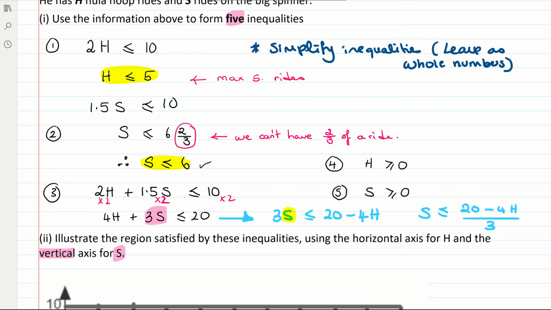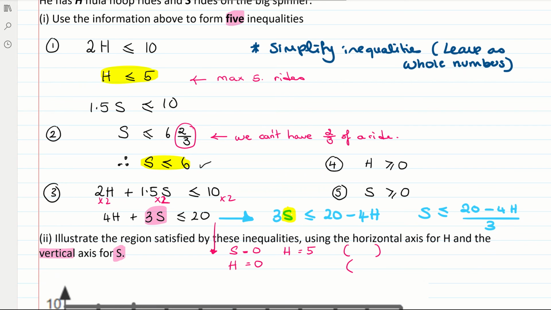Of course, the quick way of finding your coordinates is saying when S equals 0, H equals 5. So that means 5, 0. Remember, this is really y, so don't mix them around. And then when H is 0, so did I mix them around? Yep.